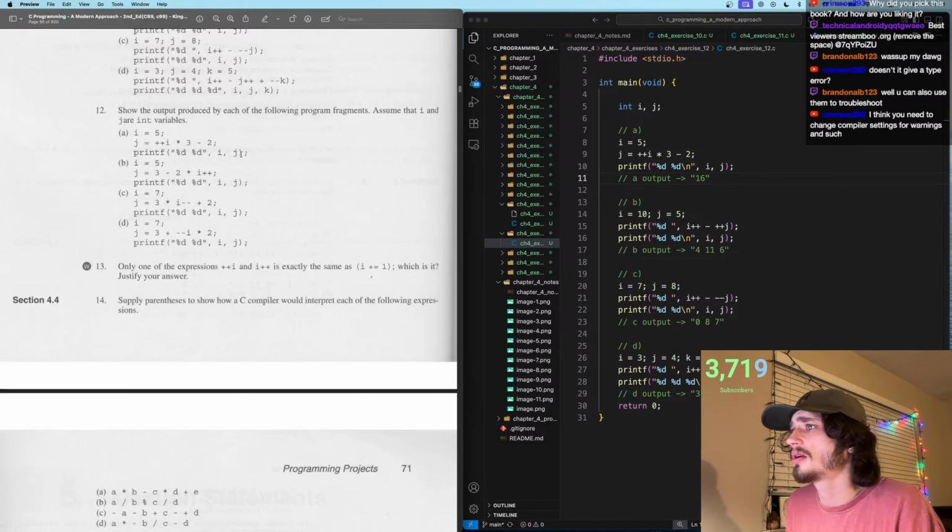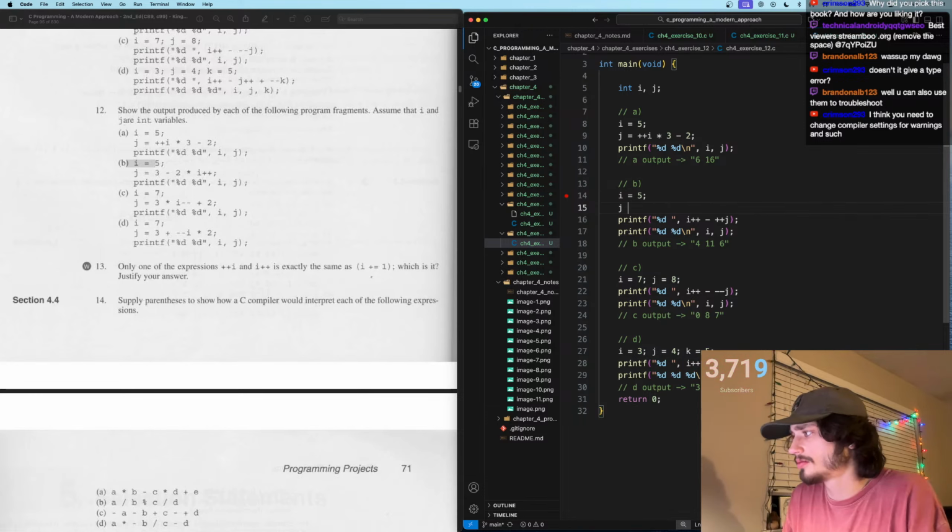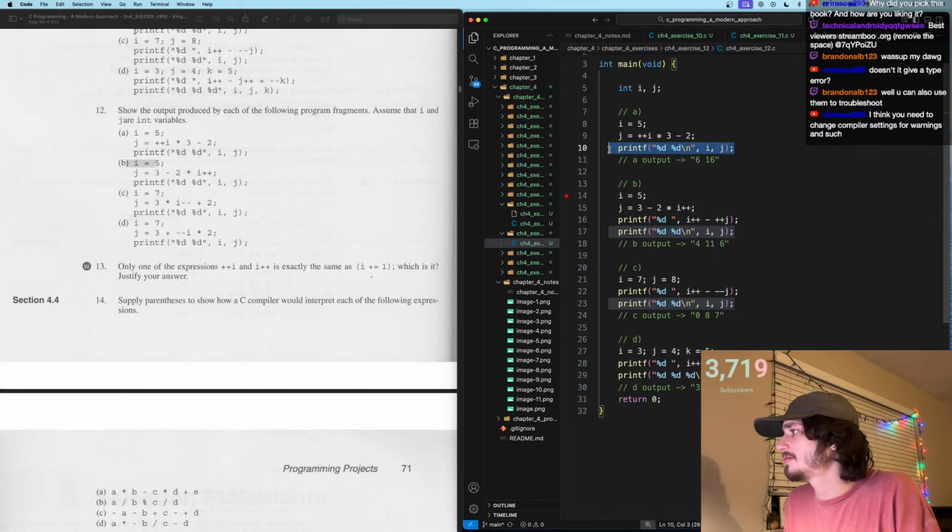Okay, and then in B here, we have i is 5. There's no j value. Oh, headphones are dying. No. j is equal to 3 minus 2 times i++. And now let's print out these guys. It's the same thing.